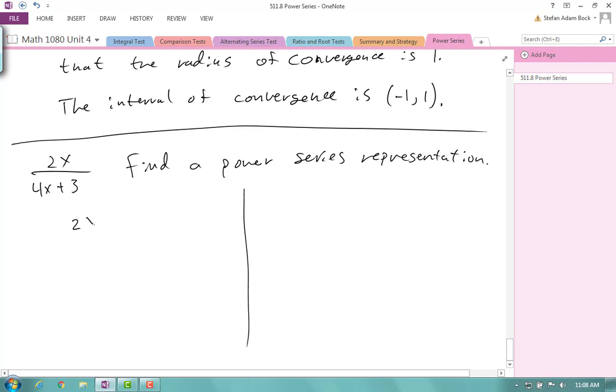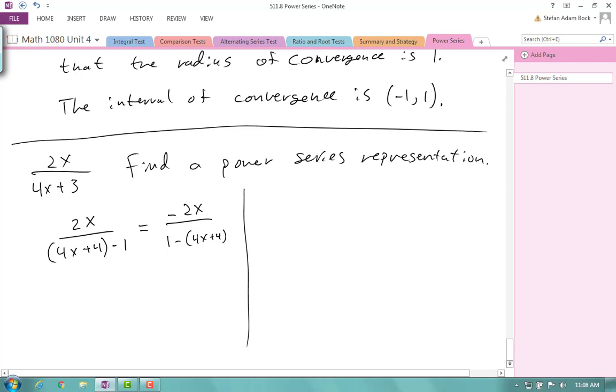I could take my 2x divided by 4x, and I could have plus 4 minus 1. That simplifies to 2x over 4x plus 3, but this is also equal to negative 1 over 1 minus 4x plus 4. Not negative 1, but negative 2x.